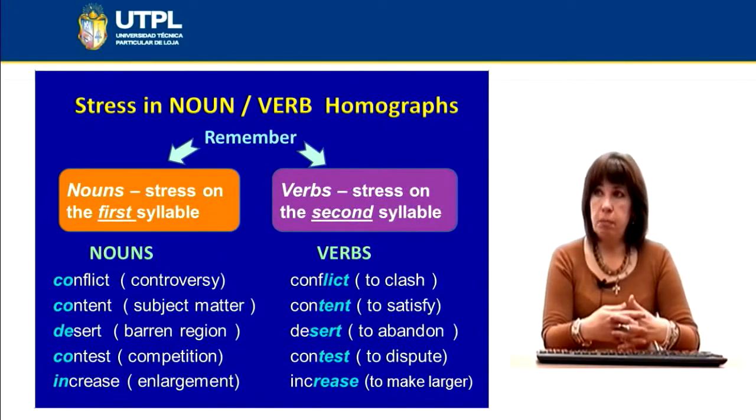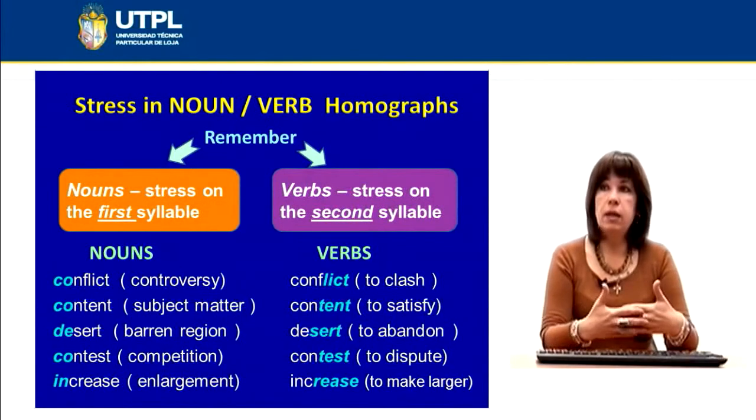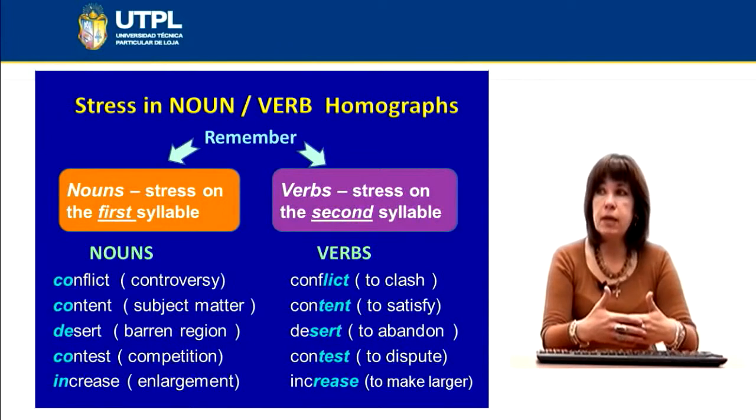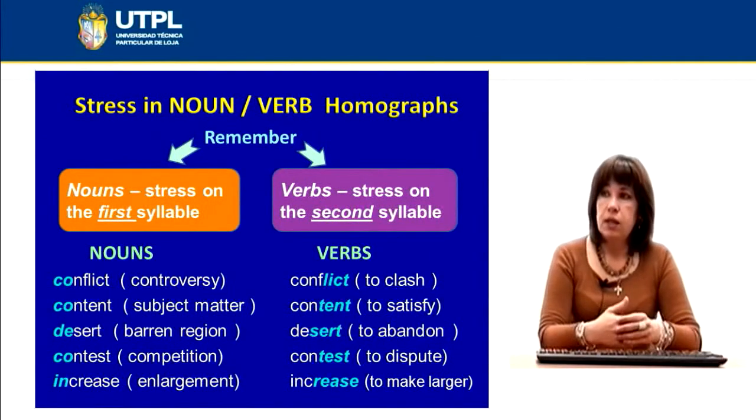As a summary, remember that nouns have to be stressed on the first syllable, and verbs on the second syllable. Like conflict, a controversy, or to conflict, to clash. Content, a subject matter, or to content, to satisfy someone or something.